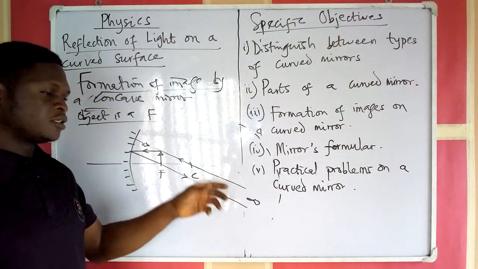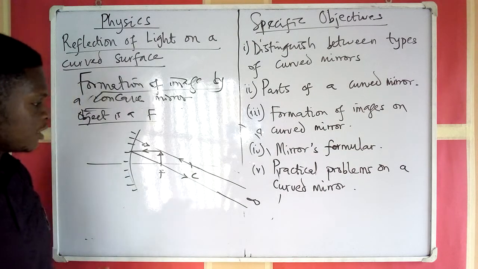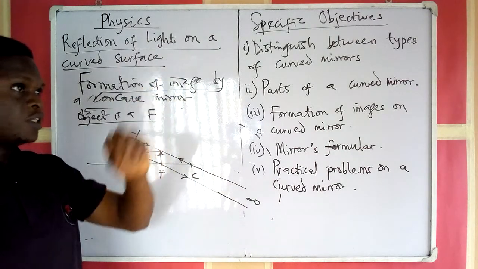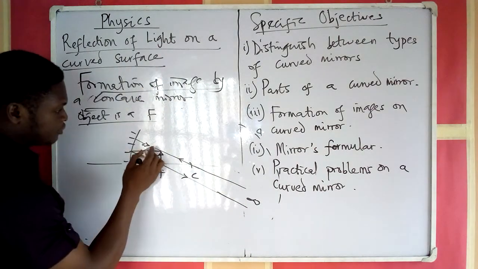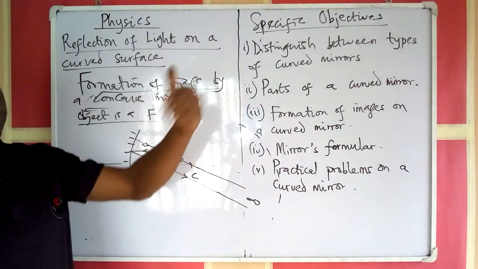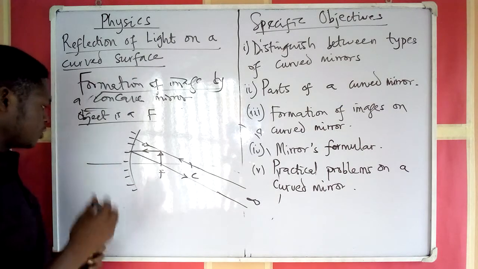As a matter of fact, you might not be able to discover the properties of the image formed here because you cannot capture the image at infinity. But in reality, just a distance that is far can be taken to be at infinity. So, there are some exceptions.